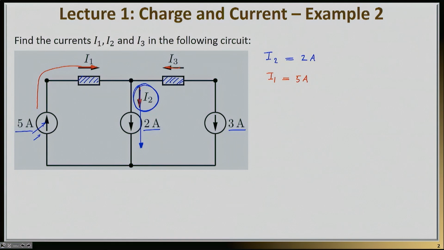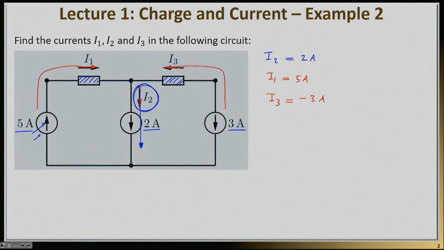In a very similar way, I can think about I3. Now, I3 is really the current that will flow from the 3 amp current source, but if you pay attention to the direction, it's actually in the opposite direction of 3 amps. So that means that I3 will be equal to negative 3 amps.